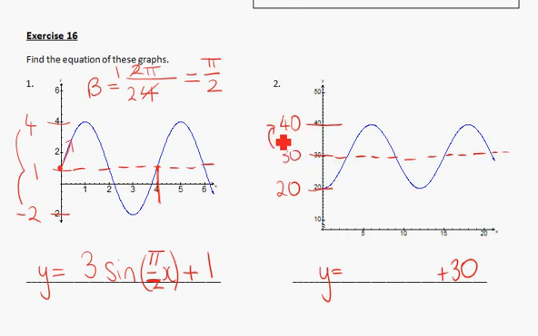I can see the amplitude of the wave clearly is 10. We need to decide whether it's a cosine or a sine. We're starting down here and curving up, which is the opposite of our cosine curve that normally starts at the top and curves down like that. So it's clearly a reflection. It's a negative cosine curve.